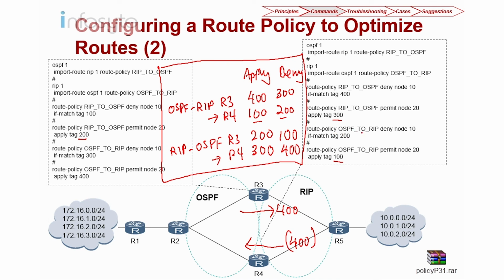So route policy OSPF to RIP deny node 10 if it matches a tag of 200. At the same time, on router 4, we apply the 300 for RIP to OSPF, so on RIP to OSPF we apply a tag of 300, and for RIP to OSPF we are going to deny a tag if it's 400. So this table becomes very important for you to configure your router in the right manner. So let's look into our configuration now.